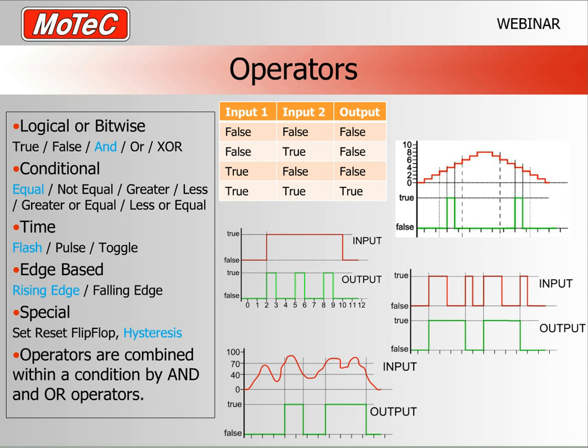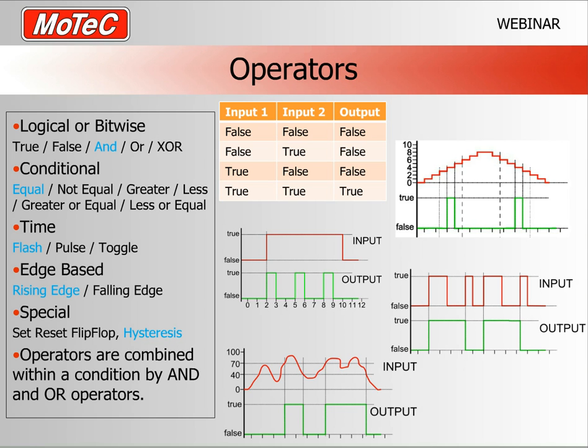Okay, now we're not going to spend a lot of time on the operators, but this just gives you a demonstration of how many different possibilities there are. If we just consider the example of two inputs, we may have two different switches and we have logical operators. The first table you can see there is the equivalent of an AND table.